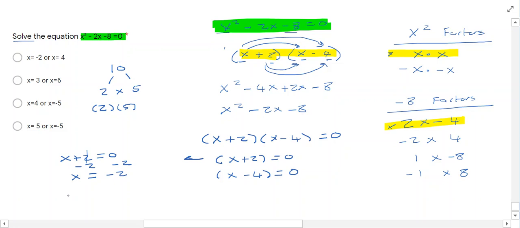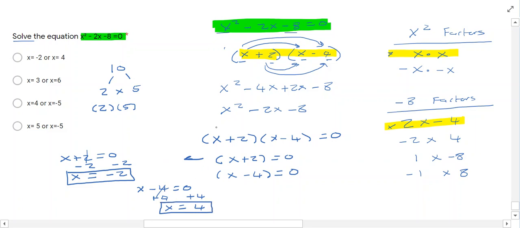Then for the second one, we have x minus 4 is equal to 0. We plus 4 on this side and plus 4 on this side. These cancel out, and x is equal to 4. This is our second root.